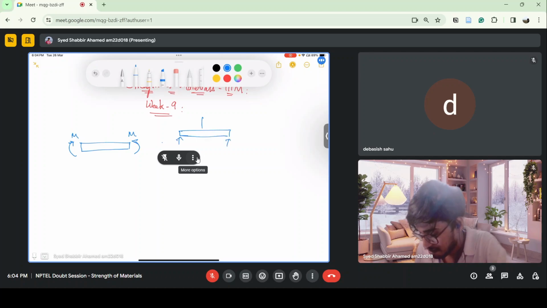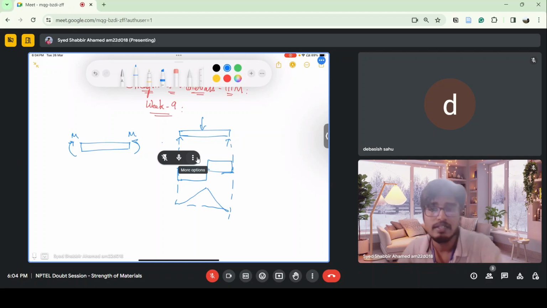In that, there is a load at the midpoint of the beam, and we have seen what the shear force diagram looks like. So shear force is not zero, and the bending moment looks like this, a linearly varying bending moment, not a constant bending moment as we have seen in the pure bending case.